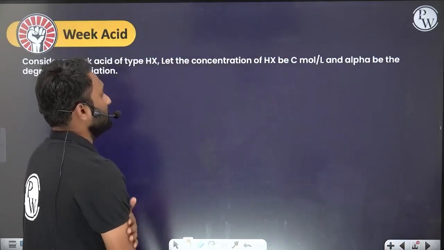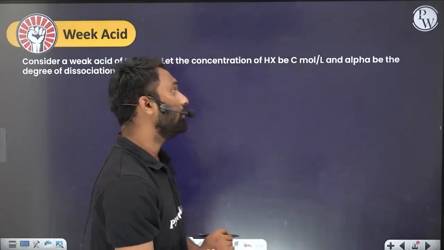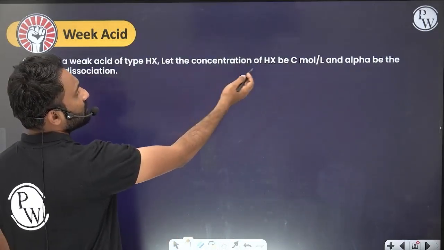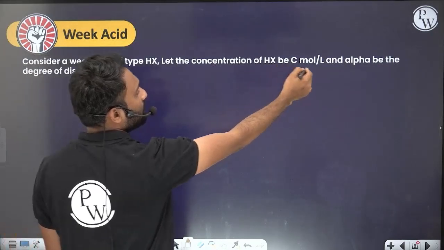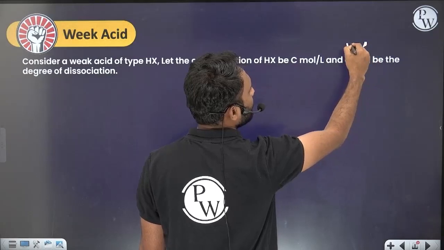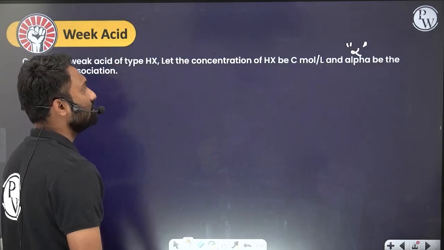weak acids pH, how we can determine. Now here, see, consider a weak acid of type HX, let its concentration be C molar and alpha be the degree of dissociation. Alpha is the degree of dissociation.